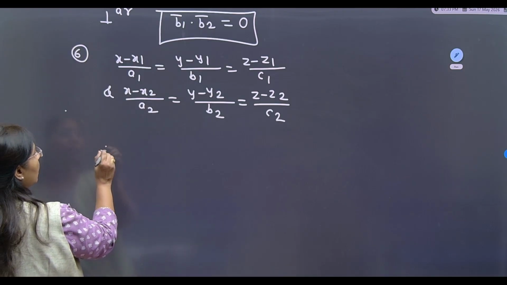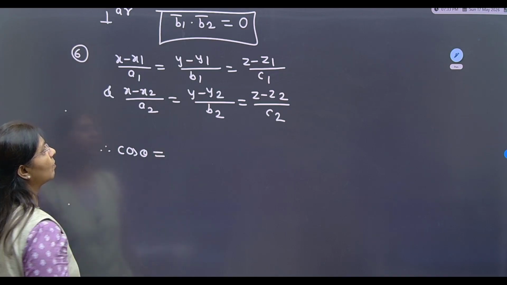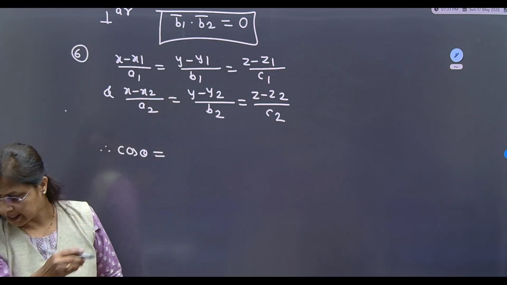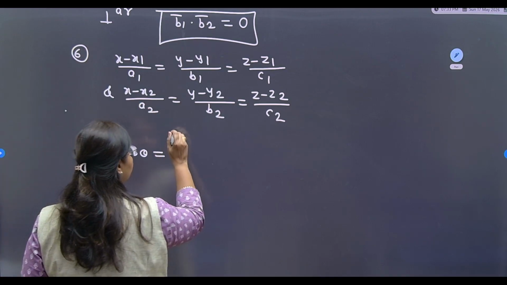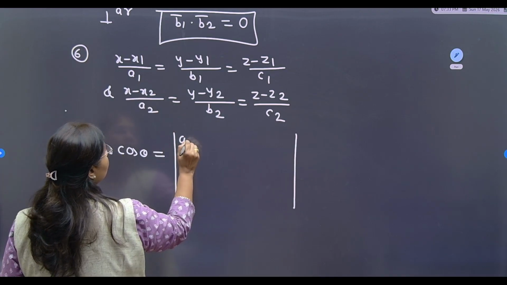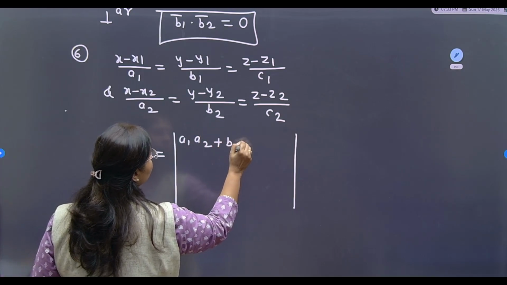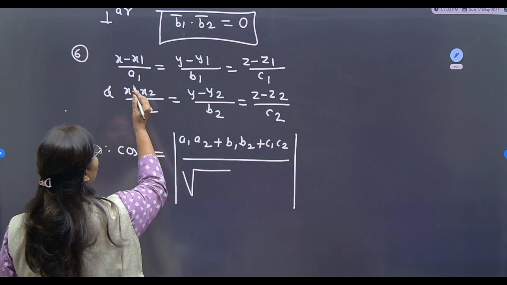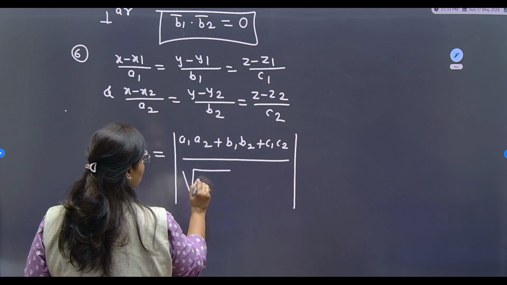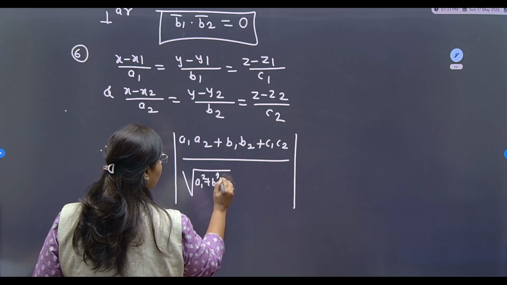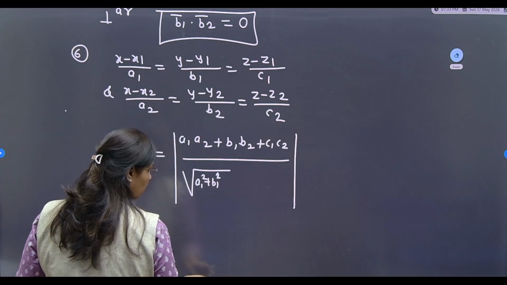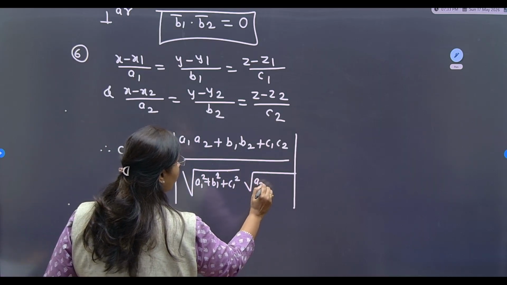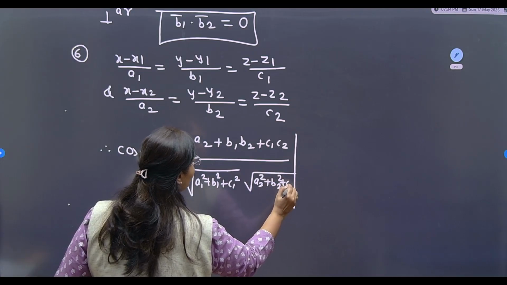Then the formula for the angle between two lines: cos theta equals modulus of a1 a2 plus b1 b2 plus c1 c2, the whole divided by under root of a1 square plus b1 square plus c1 square, into under root of a2 square plus b2 square plus c2 square.